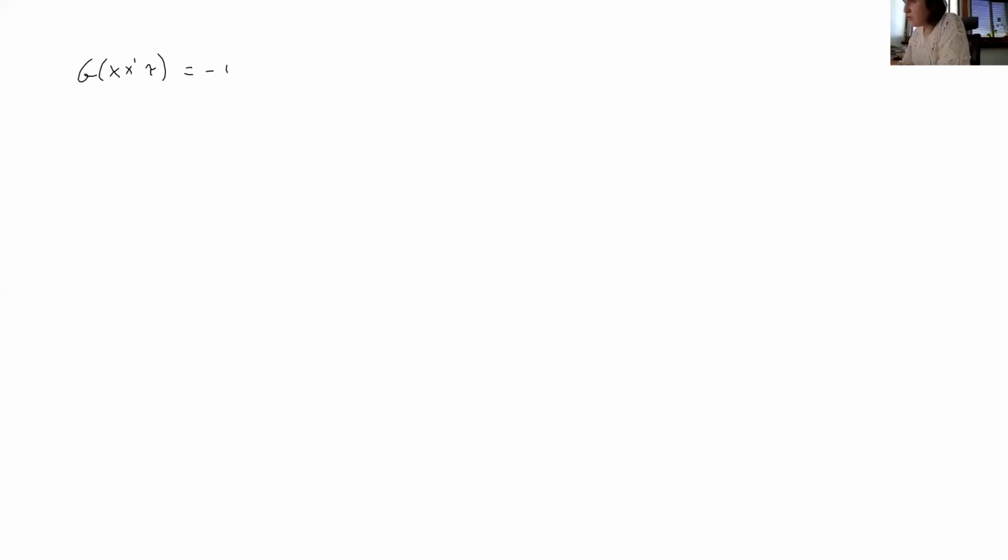If I do this, what do I get? I can write it like this, summation over M, psi 0.